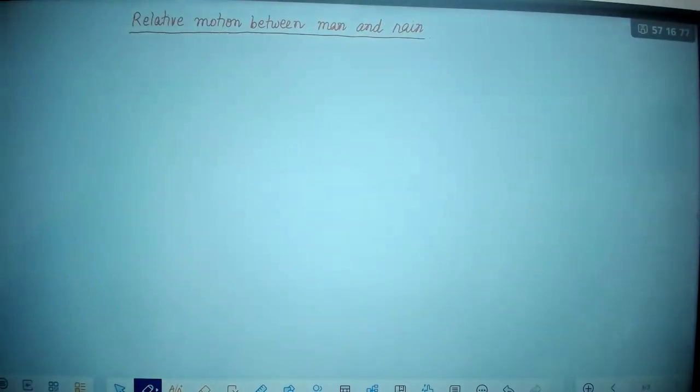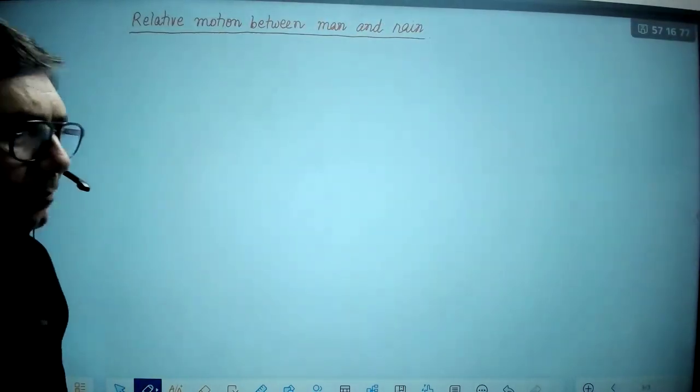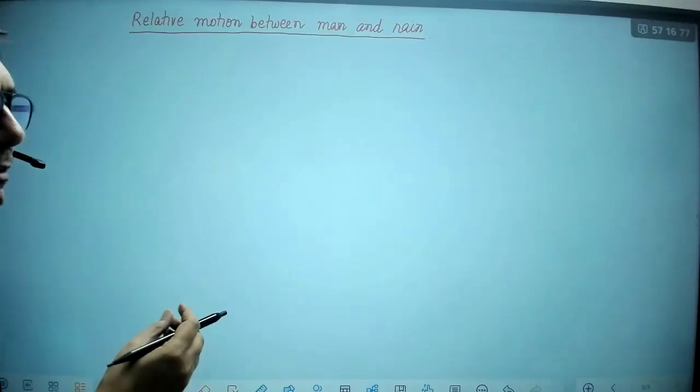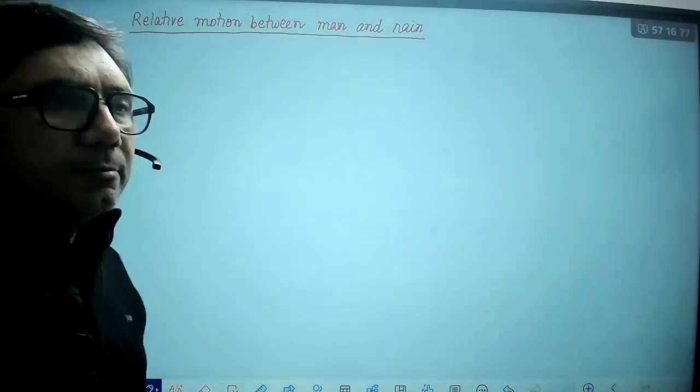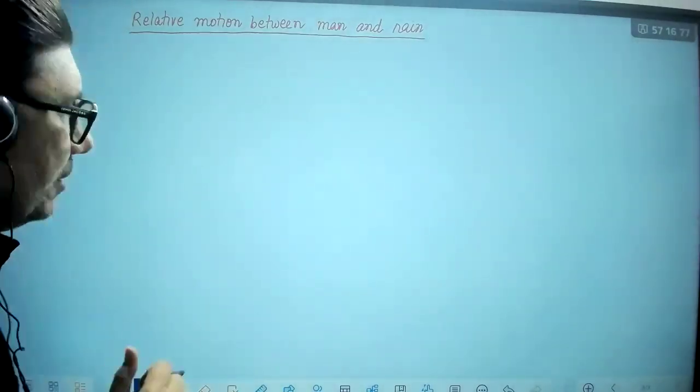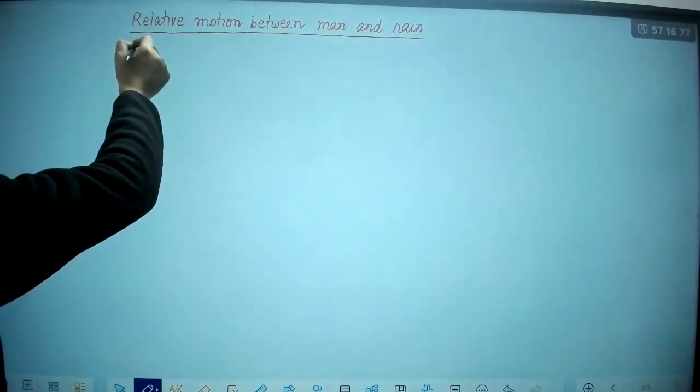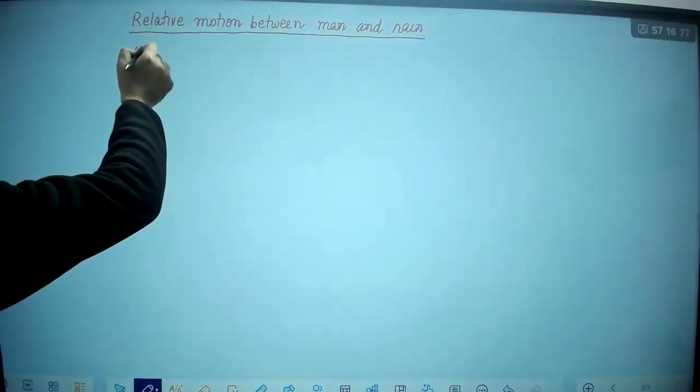This is one of the very famous problems. Now I will discuss different cases which are possible here, but first I want to write here, this is VR.